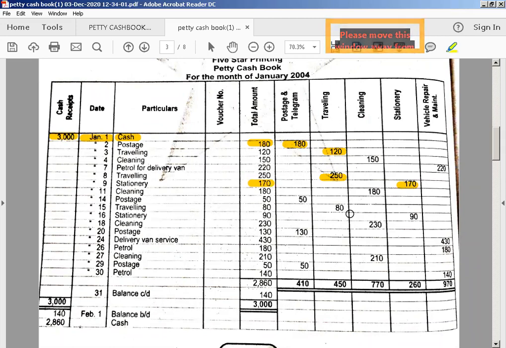So it is very easy, very simple questions, no such tactical part. You just have to read the question from your book and post it in your manuals of accounting.